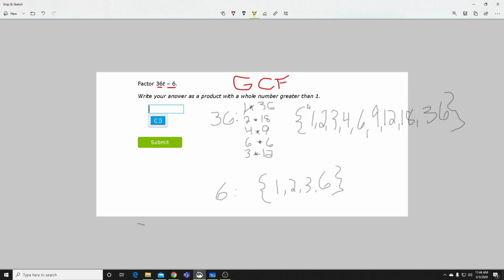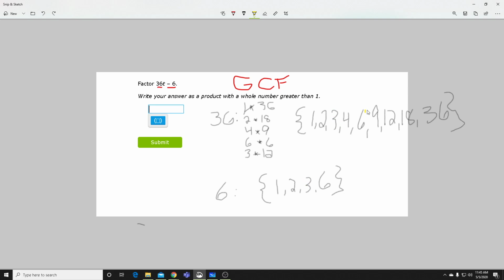Okay, so now you're looking for the biggest factor in common, GCF, greatest common factor. Well, we know that there's a 1, but 1's a factor of every number, so we want to see if we can do better than that. I see a 2 in both, but is there one bigger? Oh, there's a 3.